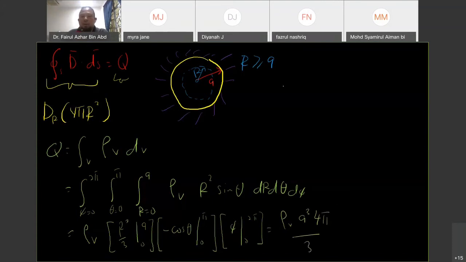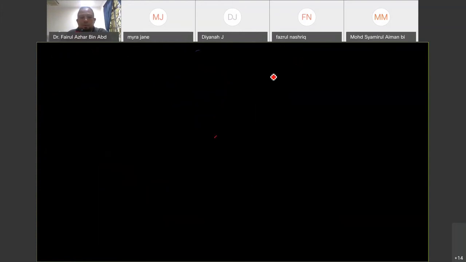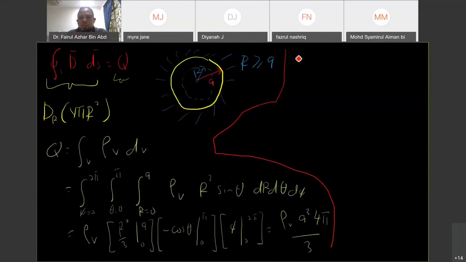Then if we equate both sides, we have D r 4 pi r squared is equal to this formula, rho v 4 pi a to the power of 3, divided by 3.